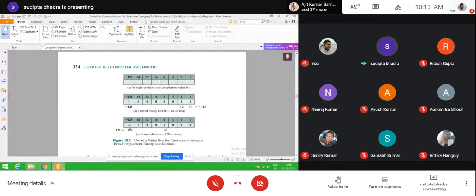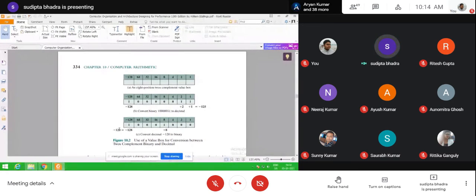And since it is a negative number, the seventh bit is 1, which means minus 128. So minus 128 plus 8 will give you minus 120.